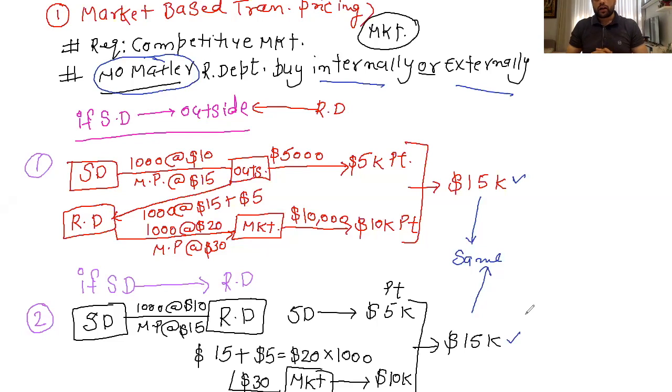Besides the manager's decision, this method is also implemented when a company does not want to compromise the quality of goods and services. For example, Coca-Cola does not want to compromise the taste of the drink, whether supplied outside Vietnam or inside Vietnam.